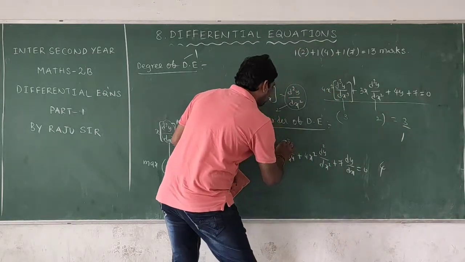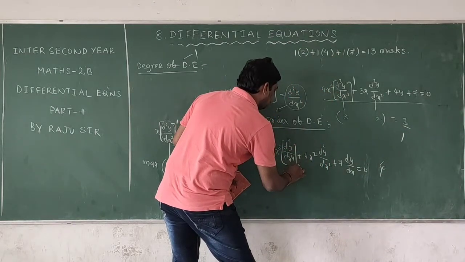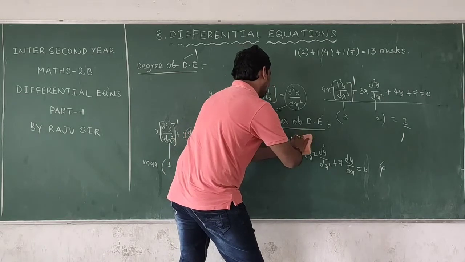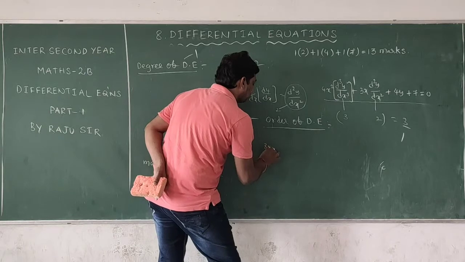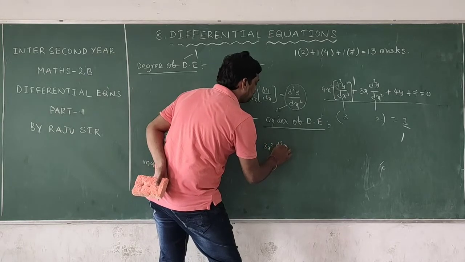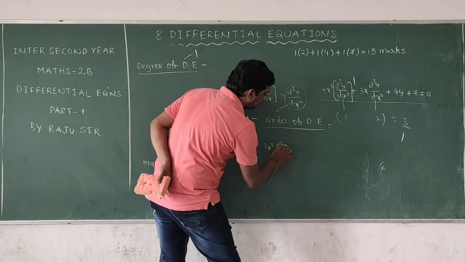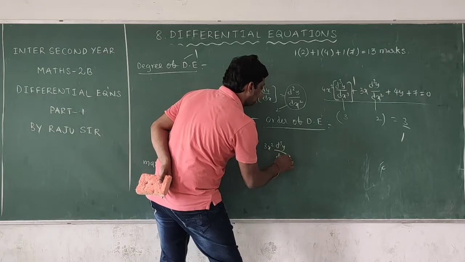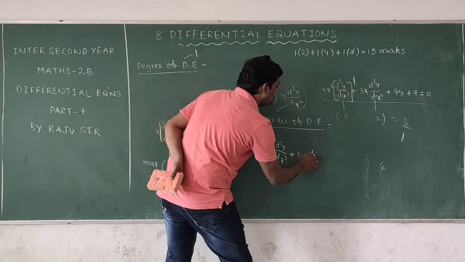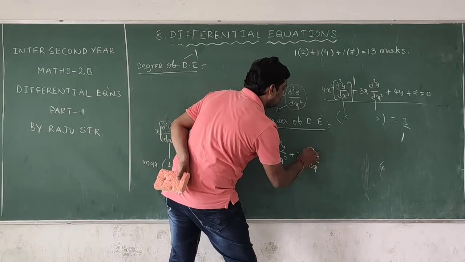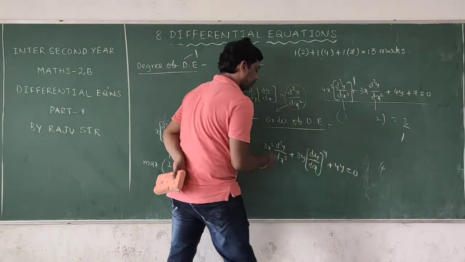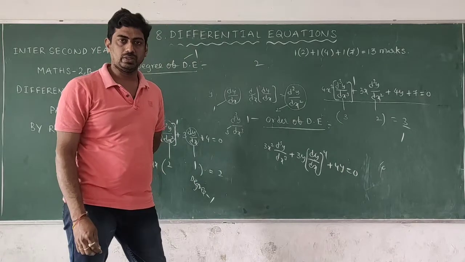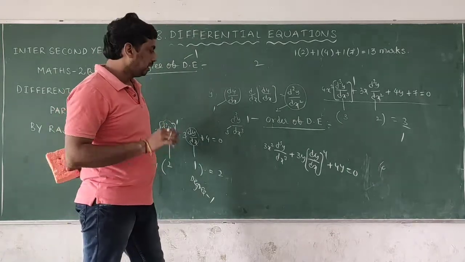Okay, so for example I am writing another example like this. 3x square into d cube y by dx cube plus 3y into dy by dx whole power 4 plus 4y equal to 0. This is also one differential equation. Is it clear? Yes.